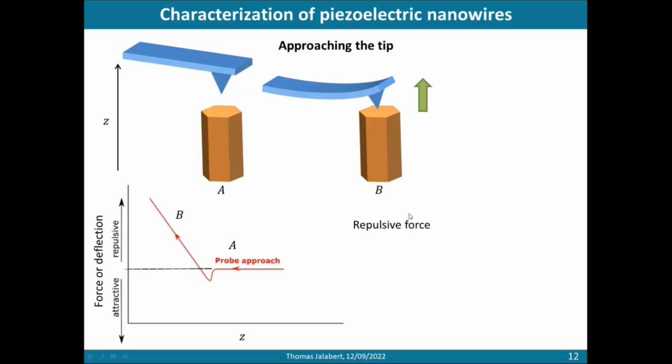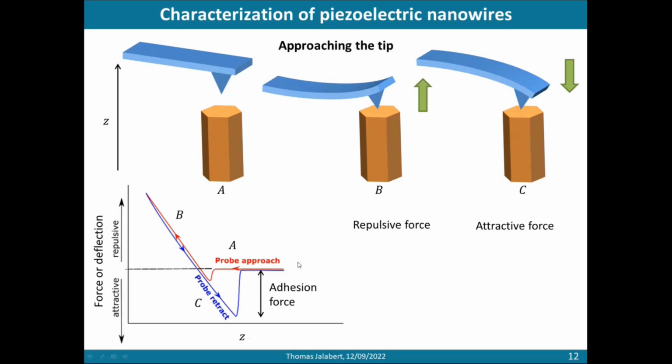There is a repulsive force between the tip and the sample. Whereas when we retract the tip, because of van der Waals interactions, before lifting from the sample, the tip exerts an attractive force on the sample, and this is what we call the adhesion force. So before lifting, the tip sticks to the sample.